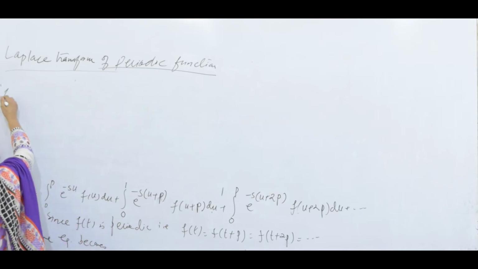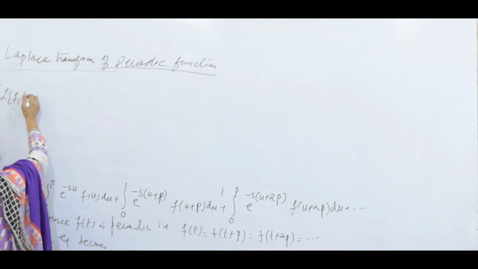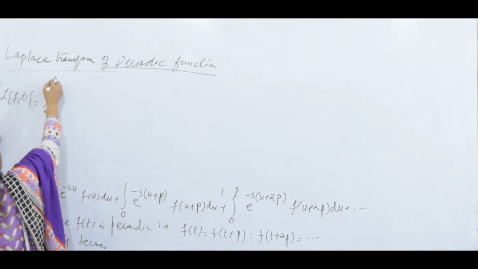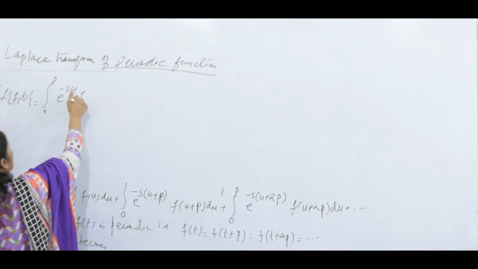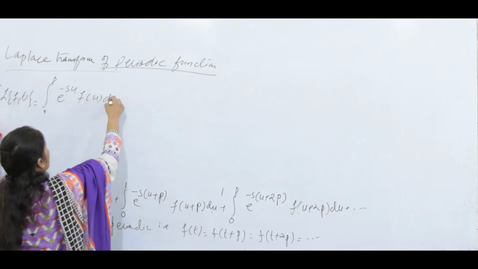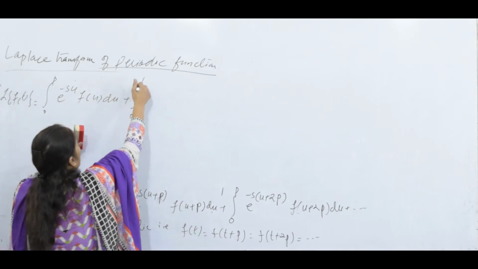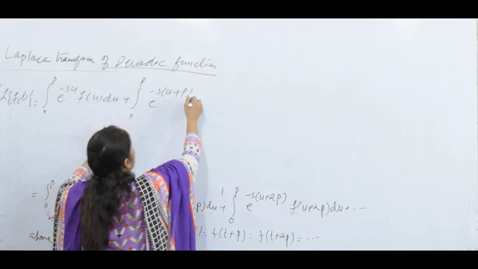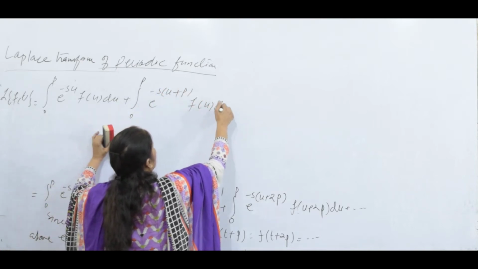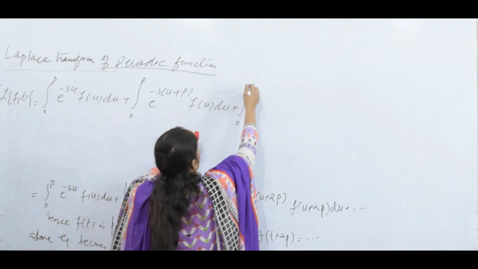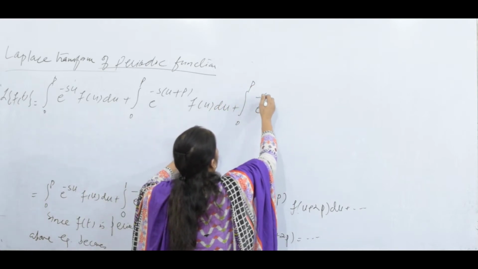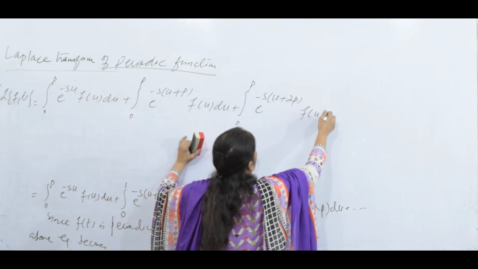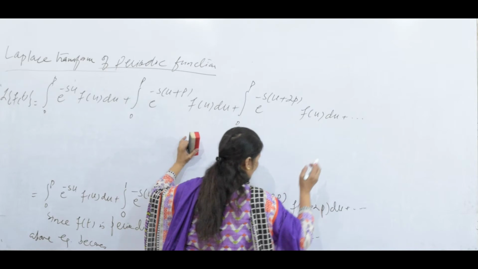On the left hand side, I have L{f(t)}, and this is the integral from 0 to p of e^(-su) f(u) du plus the integral from 0 to p of e^(-s(u+p)) f(u) du plus the integral from 0 to p of e^(-s(u+2p)) f(u) du and so on and so forth.